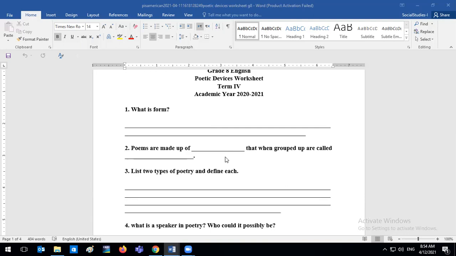The number of lines in each stanza is usually also fixed. Sometimes we have a fixed rhyme scheme like AA, BB, CC, and we're going to discuss rhyme scheme later.